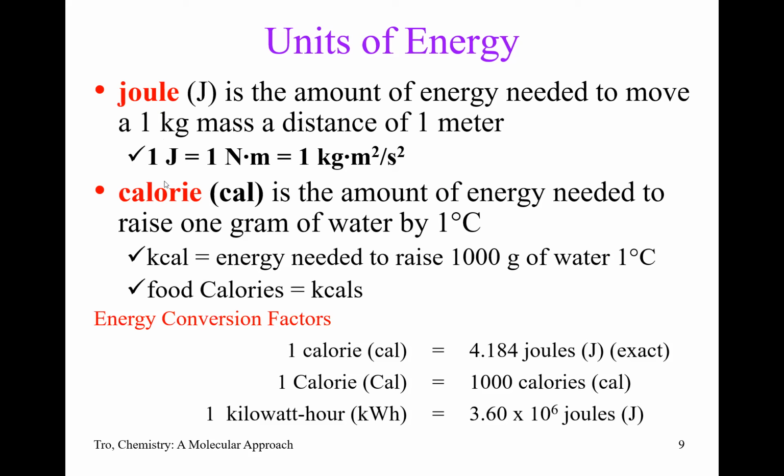These are our two most important units. In general, in the chemistry world we stick to calories, but depending on what field you go on to or classes you take next, they interconvert.